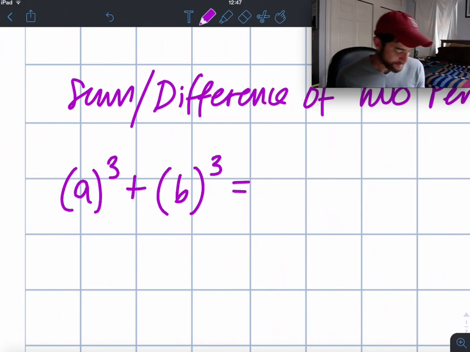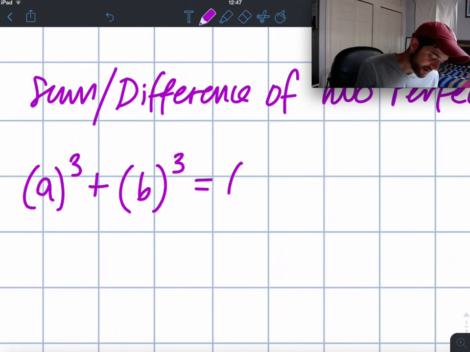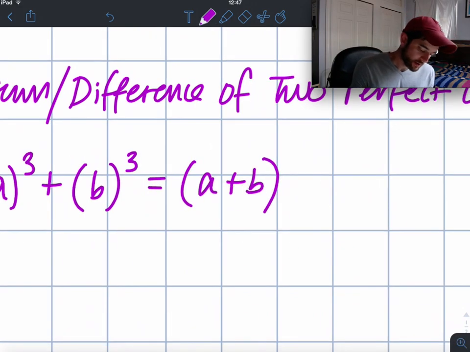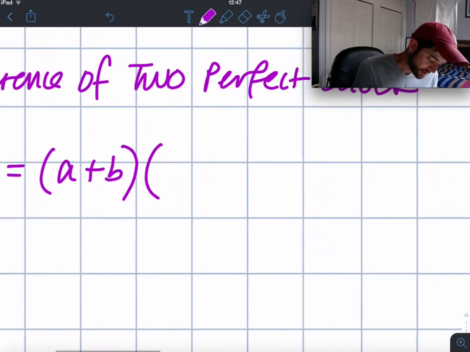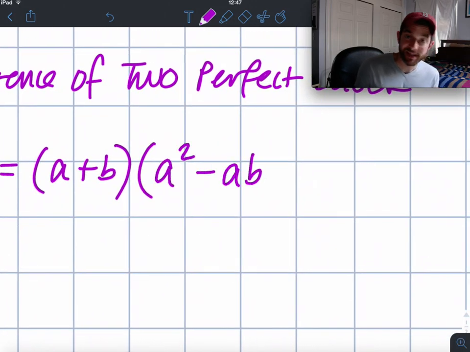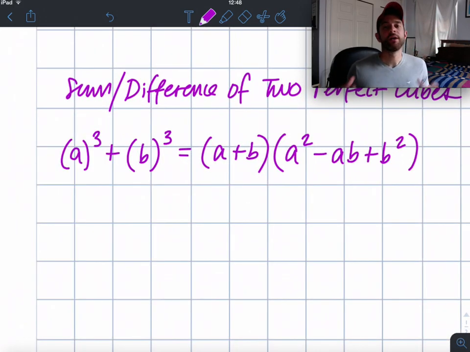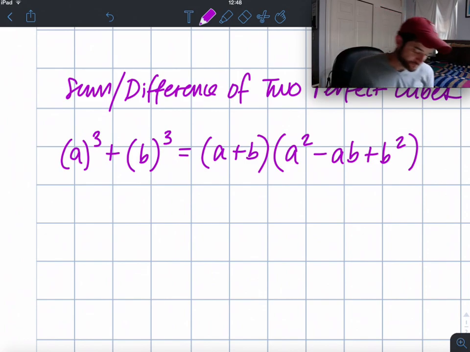There's a reason for that. If I have two perfect cubes that are added together, a cubed plus b cubed, they factor as the binomial a plus b times the trinomial a squared minus a times b plus b squared. So when you factor a cubic binomial, you get a binomial and a quadratic trinomial.